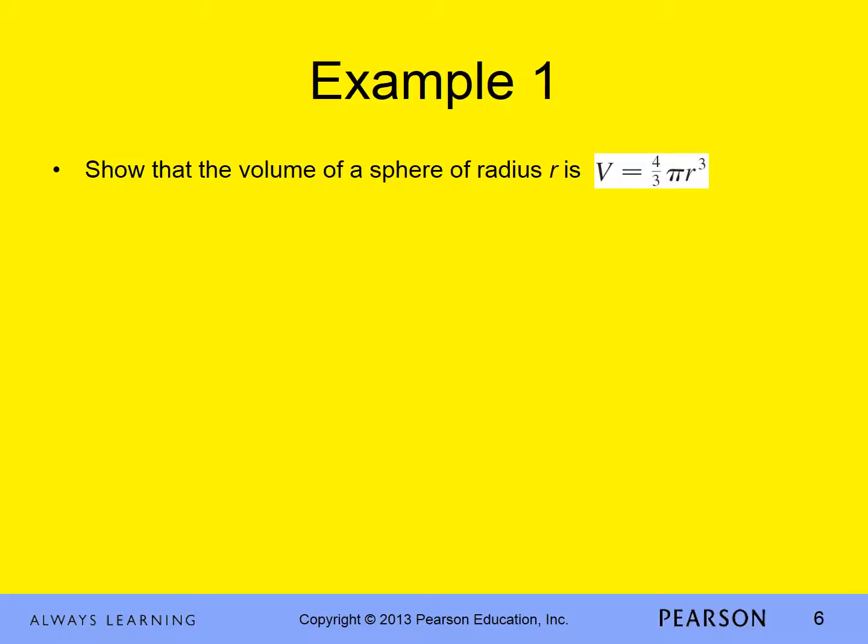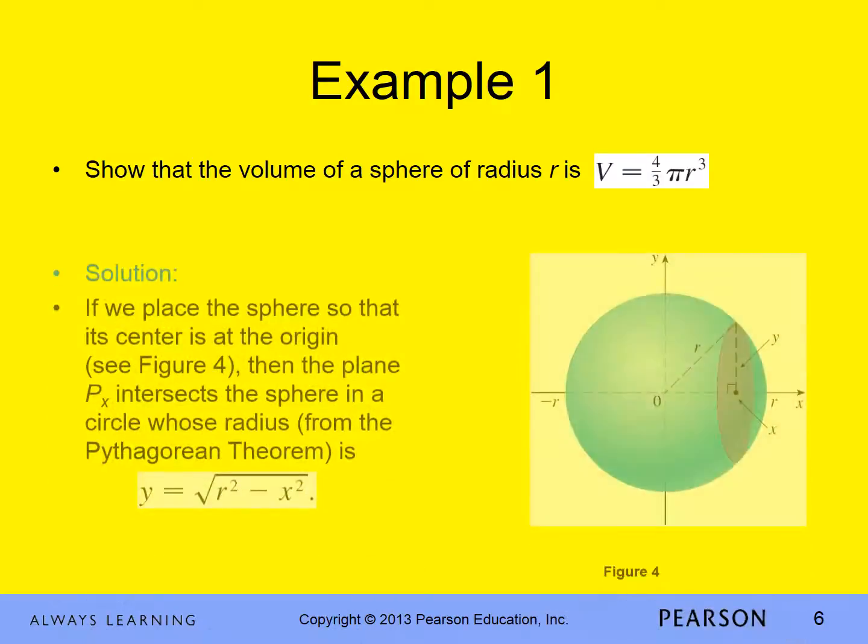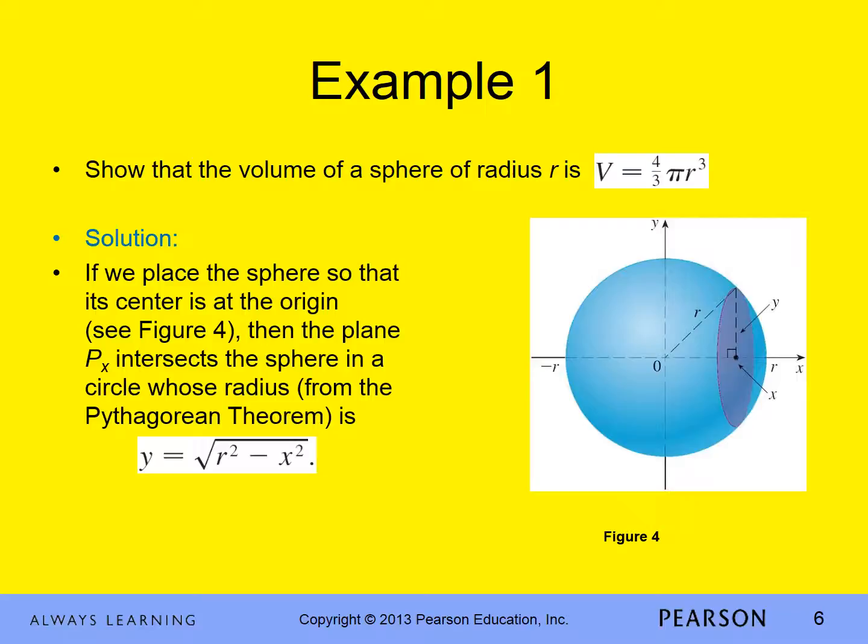So here's an example. Volume of a sphere of radius r. Show that it is the familiar formula 4/3 pi r cubed. That is going to be the volume regardless of where in 3-space we place this sphere. So let's place the sphere so that it is centered at the origin.